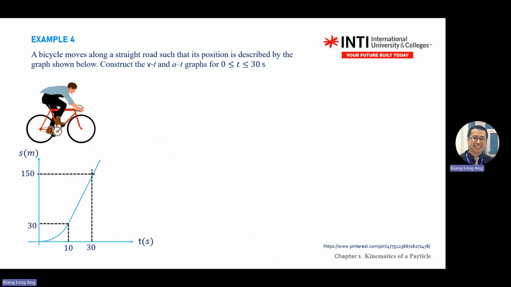Before you go into it, you recall what you learned in your mathematics. You look at the graph. You have 3 kinds of graph: linear, quadratic, and polynomial. So from 0 to 10, what kind of graph do you have? Linear, quadratic, polynomial? This curve? Quadratic. And 10 to 30? Linear.